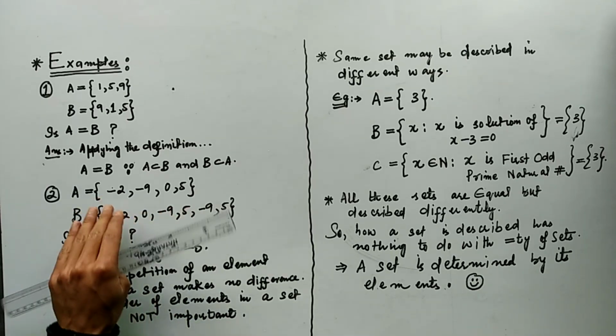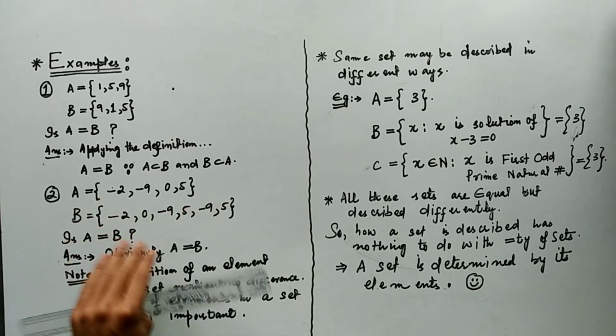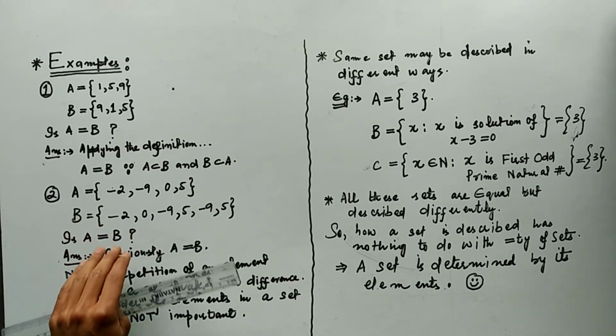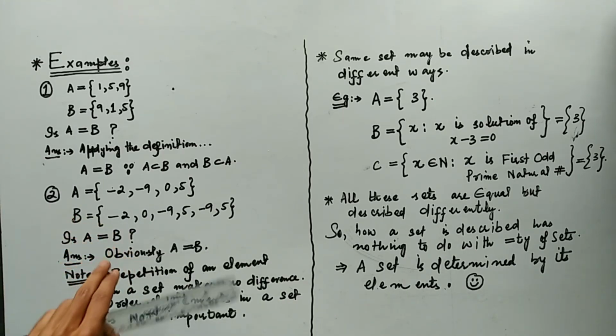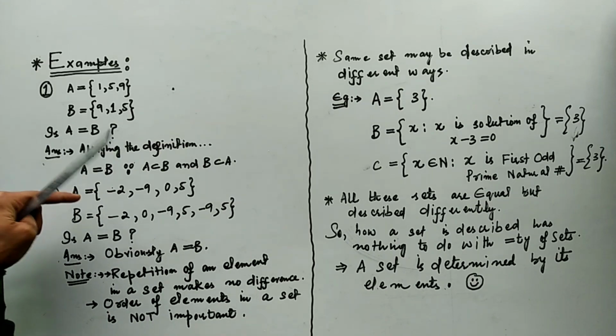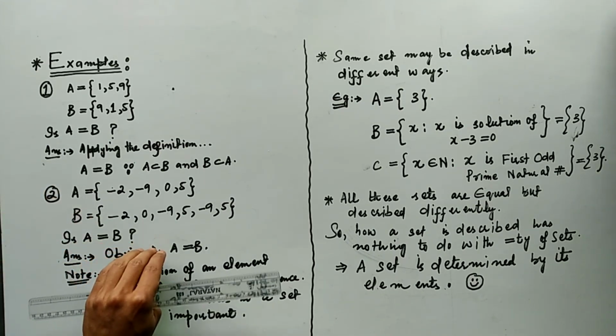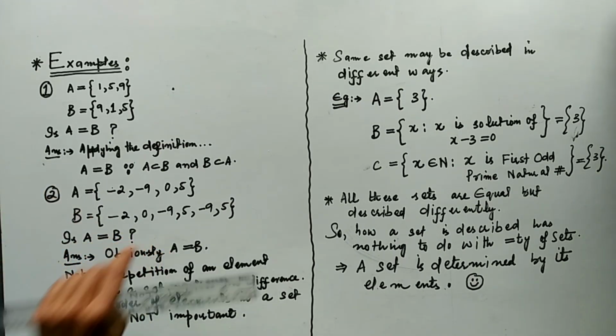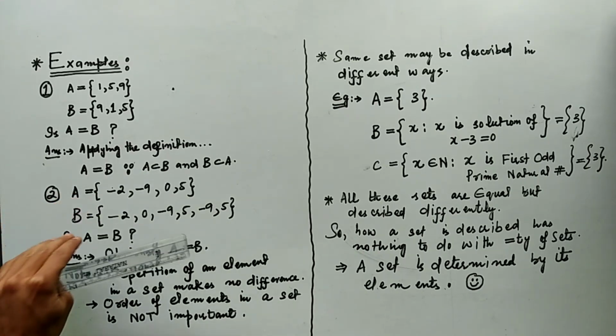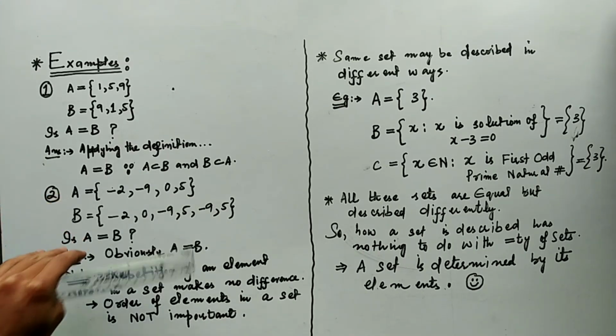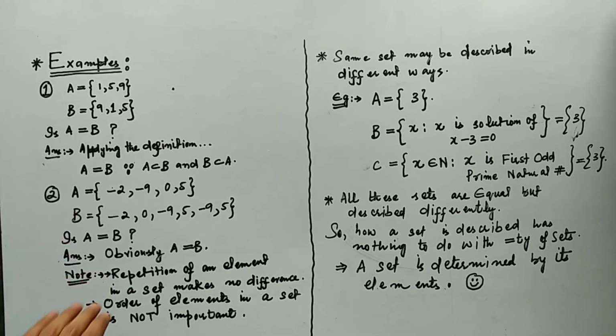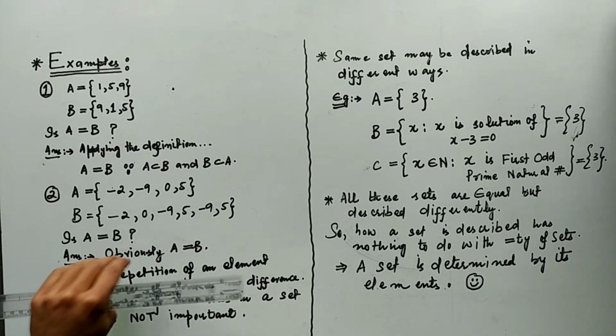Obviously, as you can see, every element of A is present in the set B. And also, is every element of B present in the set A? Obviously, as you can see yourself, every element of B is also present in the set A. This means that A is a subset of B and B is a subset of A. So by definition, A is equal to B.